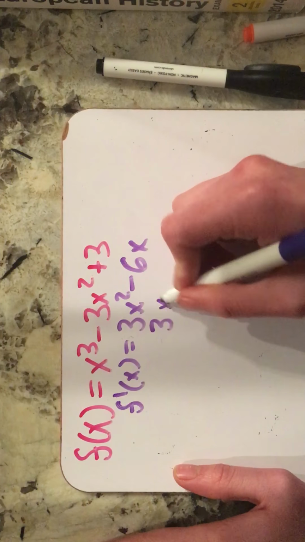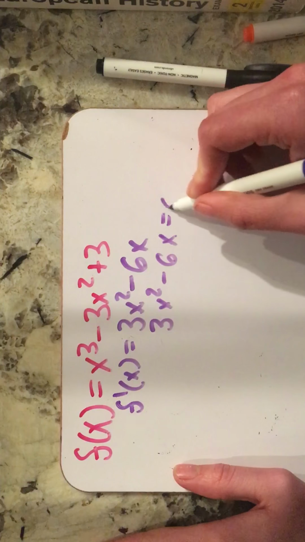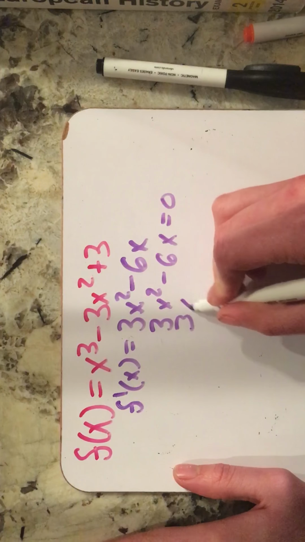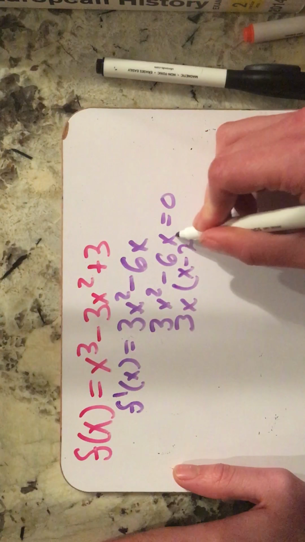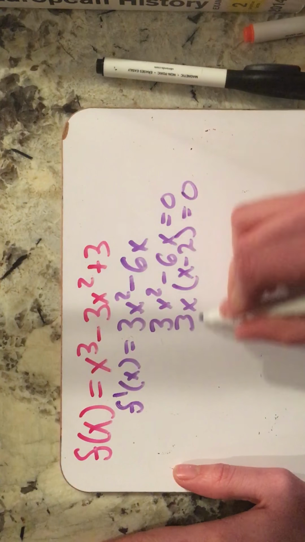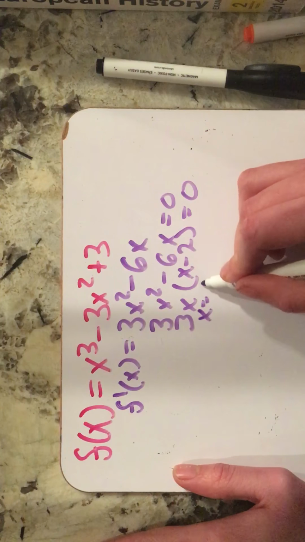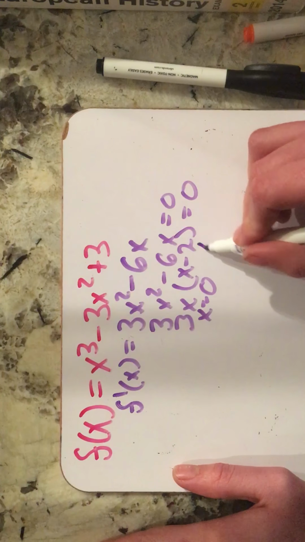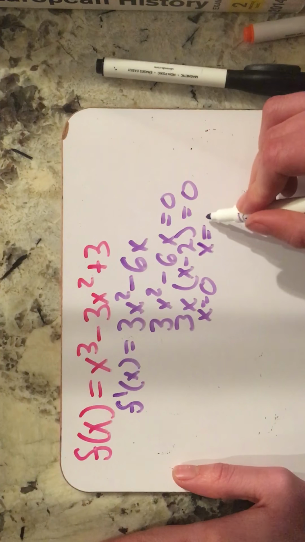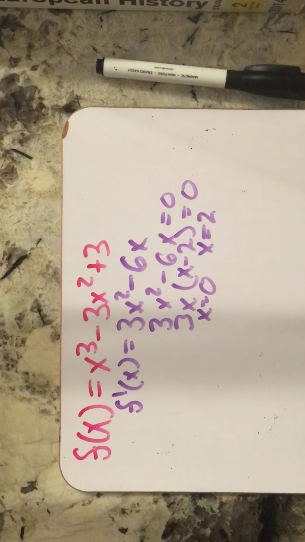So 3x squared minus 6x equals 0. Factor out 3x, so then we have 3x times (x minus 2). When we set 3x equal to 0, x is going to be 0. And when we set x minus 2 equal to 0, x will have to be equal to 2. And these are our critical values.